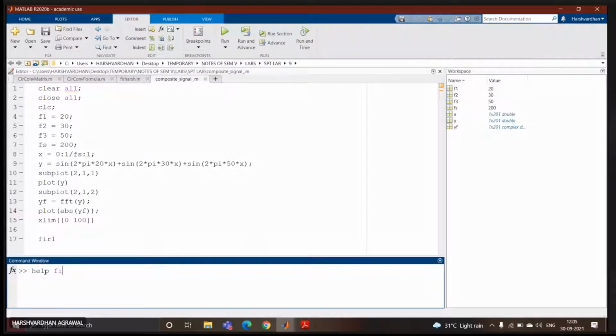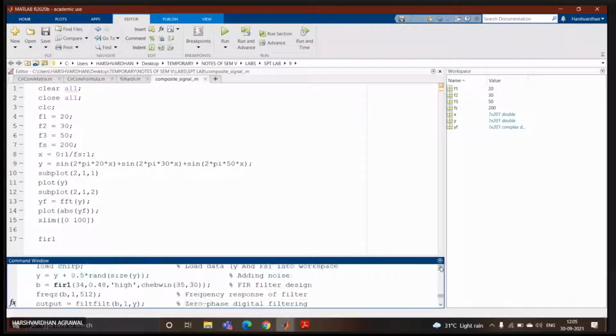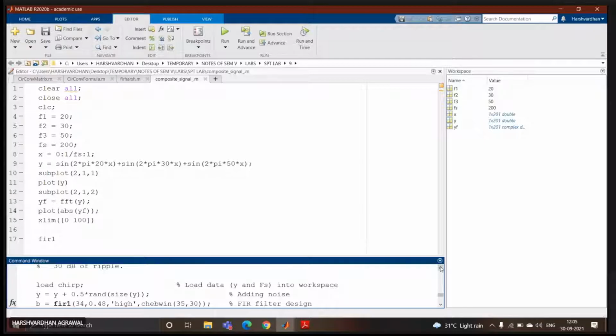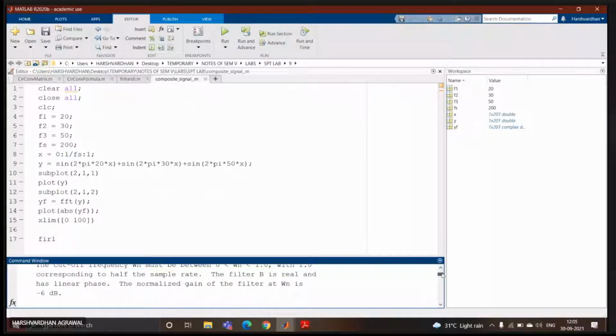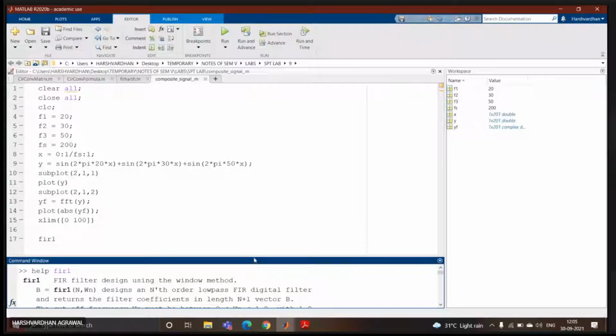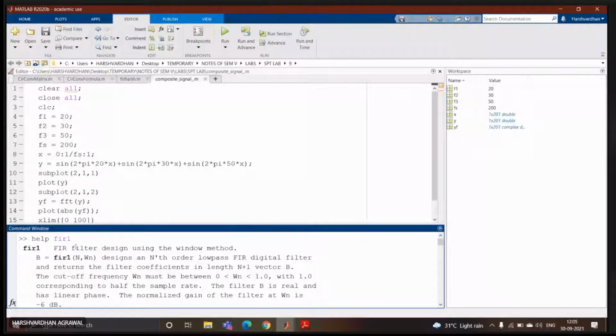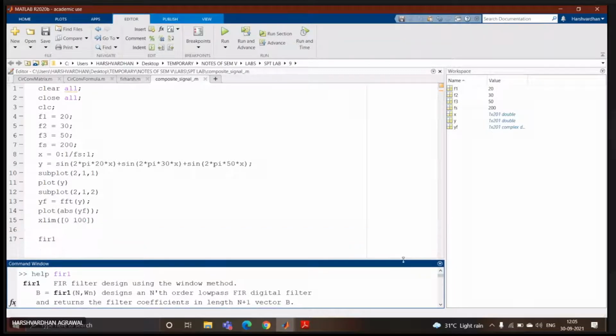Yes. See this, what is it saying? What is FIR1 giving, what is it writing? Nth order, we need to mention the order of the nth order low pass filter, and then WN, sir, the cutoff frequency. So what will be our order?